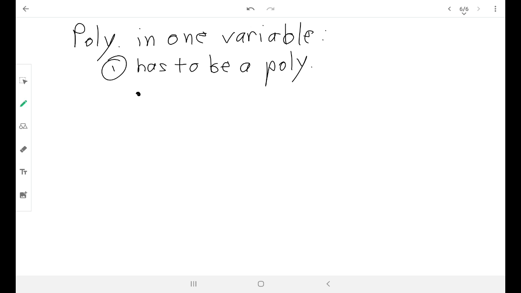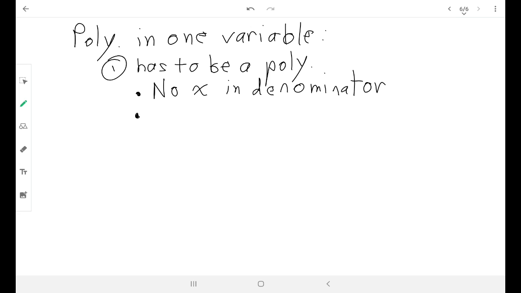So here are some things to look for. No x in the denominator, that is, in the bottom of a fraction. There's no x's in the bottoms of the fractions. If there is, it's not a polynomial.